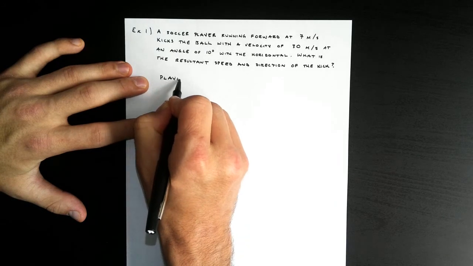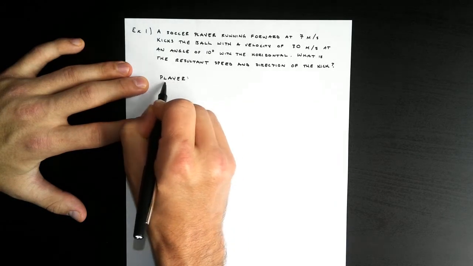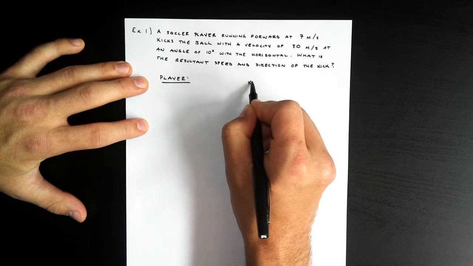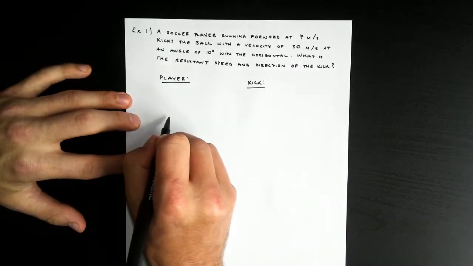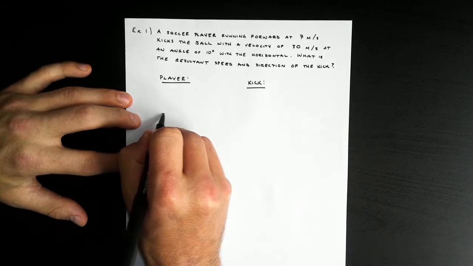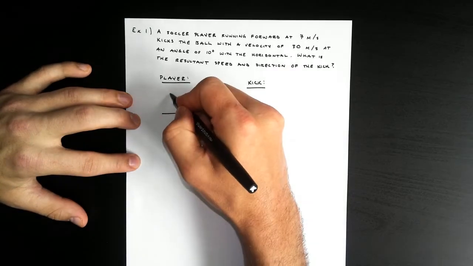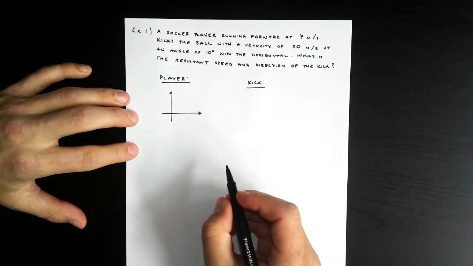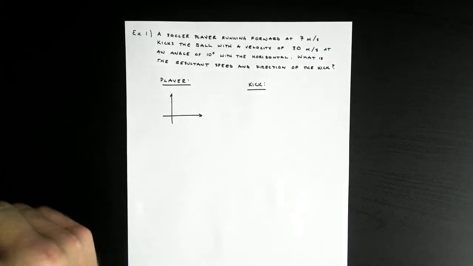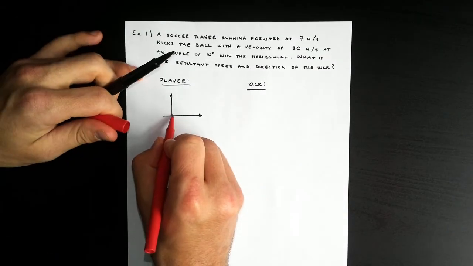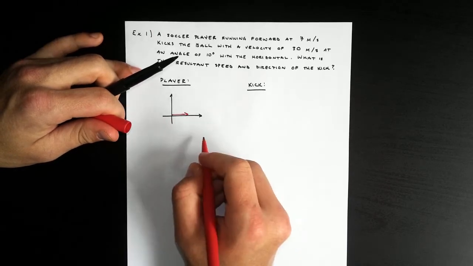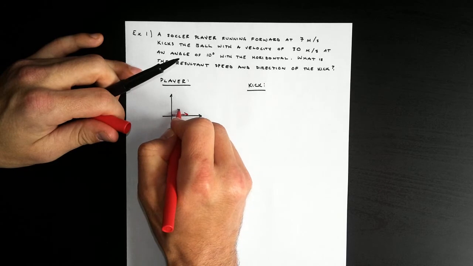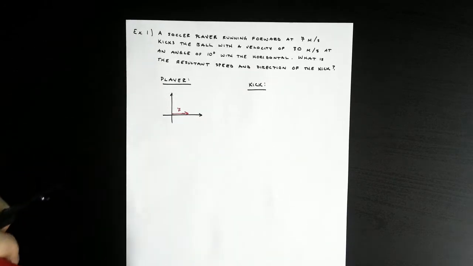So we have one that represents the player, and then we have a second vector that represents the kick. So nothing too fancy here. I'm just making a little sketch so we can think about the situation. So the player is running forward, so something like this, straight along that x-axis maybe, and the magnitude of that vector, 7 meters per second.